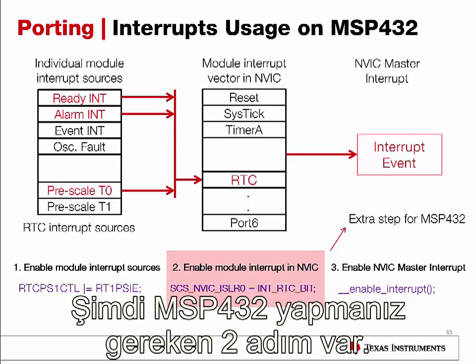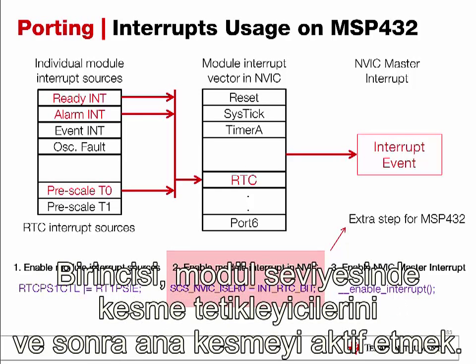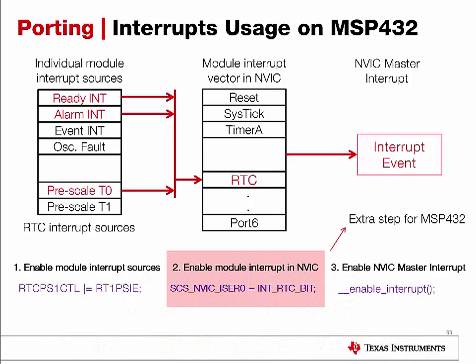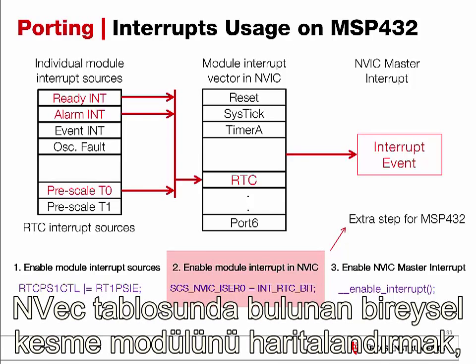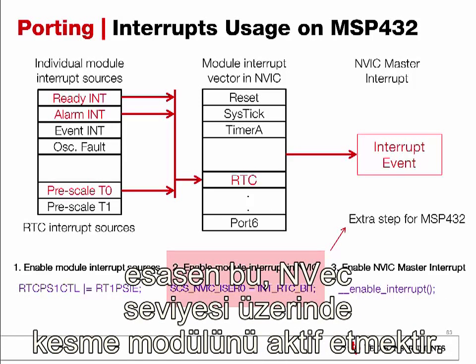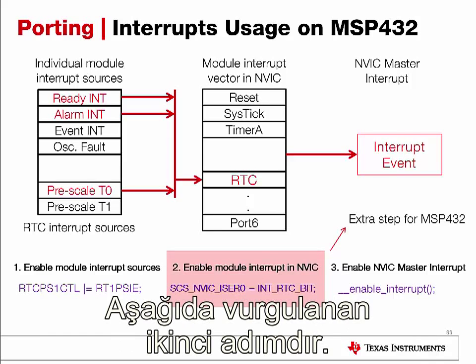On MSP430, you need to do 2 steps: one is to enable the interrupt triggers at the module level, and then enable the master interrupt. However, on MSP432, there is one additional step that you need to do, and that is to map the individual module interrupt onto the NVIC table, essentially enabling the module interrupt on the NVIC level. This is step number 2 as highlighted below.